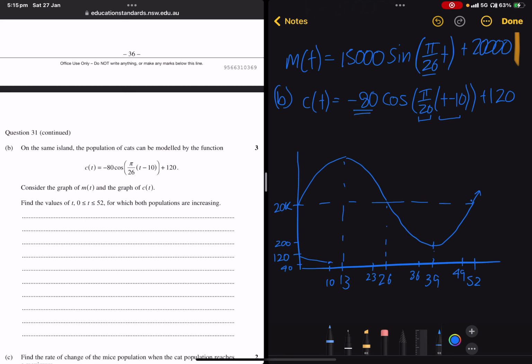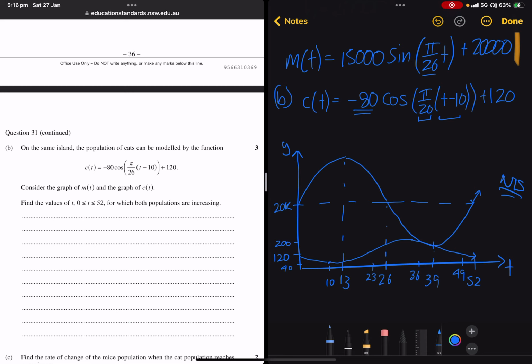Then it will return to 120 here, go up to 200 here, and then back down to 80 here, and then continue on back down. Now remember, this is not to scale. These are not perfect drawings of these functions. We're just using this to find when the populations are both increasing.